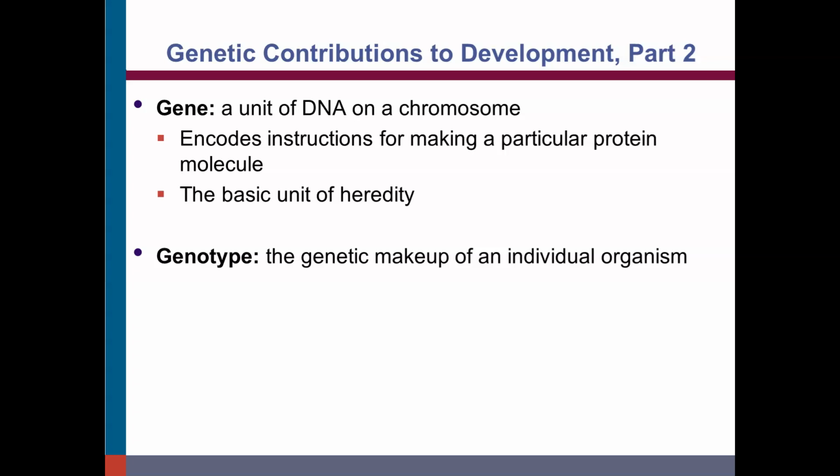Remember, that's the genetic makeup of an individual organism. So what is the makeup of one's genetic inheritance? What did they inherit from previous generations and from their parents? That is their genotype.